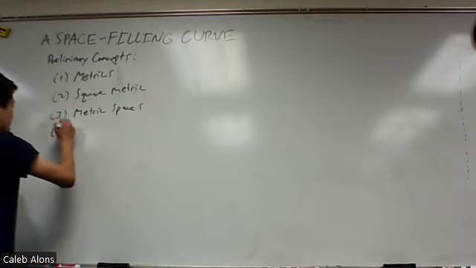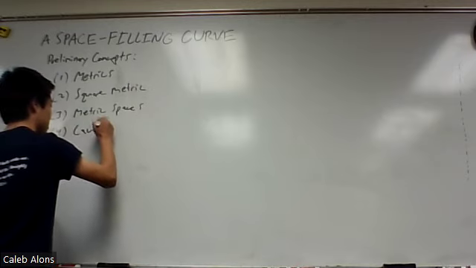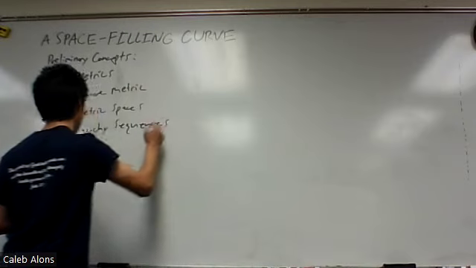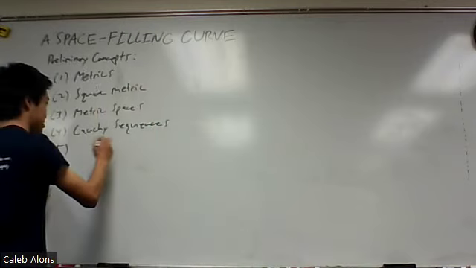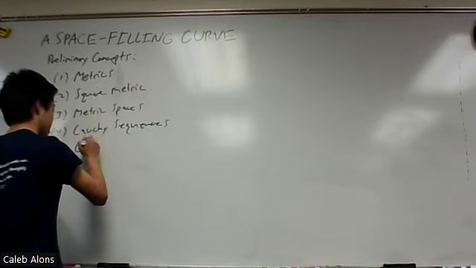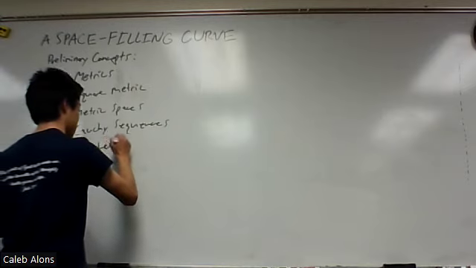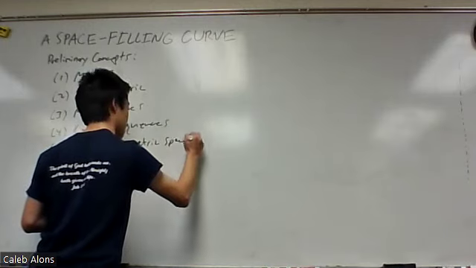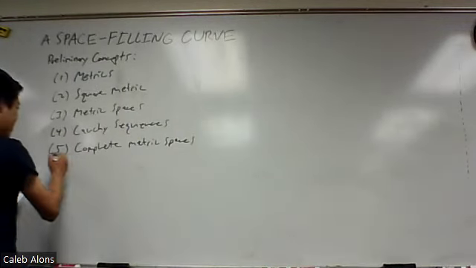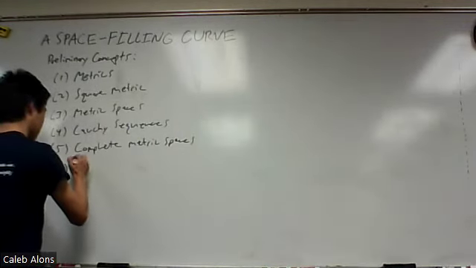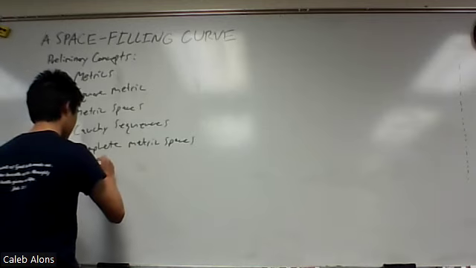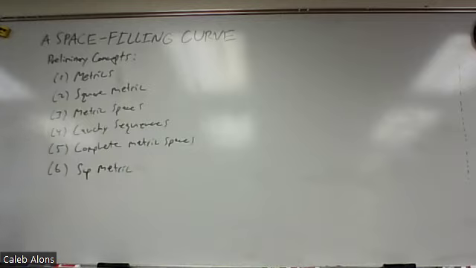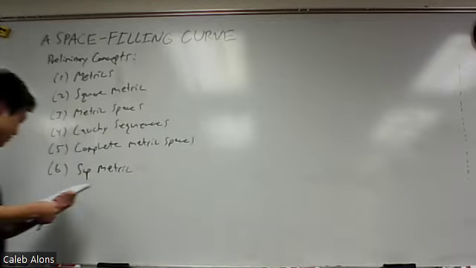We're going to need Cauchy sequences, and from Cauchy sequences we can get complete metric spaces. And from those, we're also going to develop a supremum metric. And once we get all this done, then we can talk about the curve.